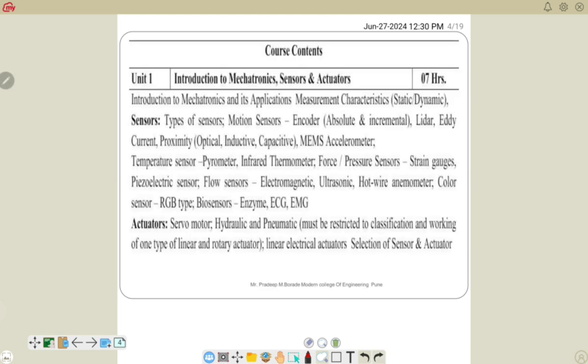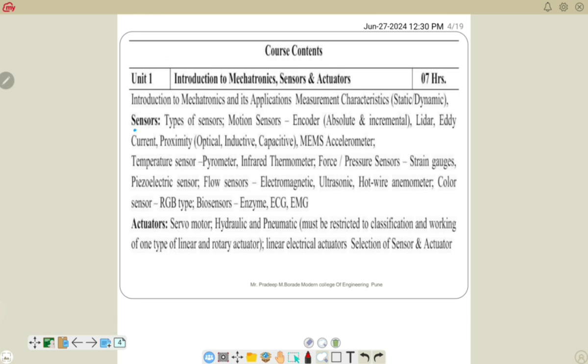Now the course content, if you see, the first unit is the introduction to mechatronics, sensors and actuators. So introduction to mechatronics and its application, measurement characteristics. Again, these measurement characteristics are classified into two types, that is static and dynamic.